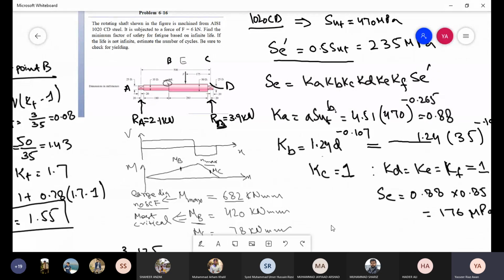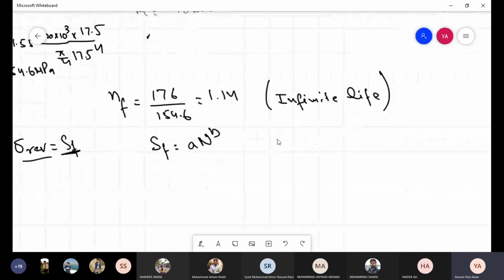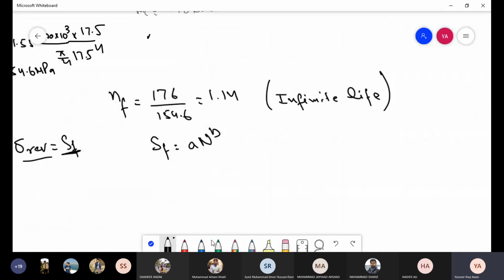And lastly, we also have to check for yielding. So be sure to check for yielding. We will do that. Sy, again from table A20 we have to look for Sy. So Sy is about 390 megapascal.